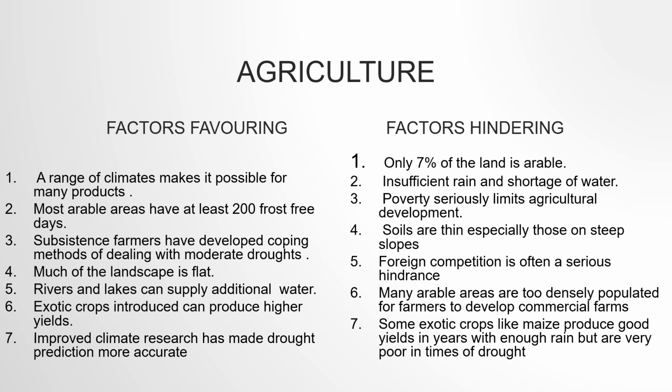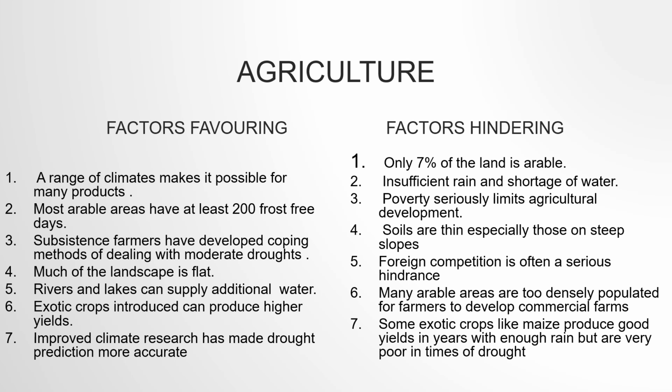Much of the landscape is flat. Rivers and lakes can supply additional water. Exotic crops introduced can produce higher yields, and improved climate research has made drought prediction more accurate. So these are all the factors that favor agriculture in general in our country.